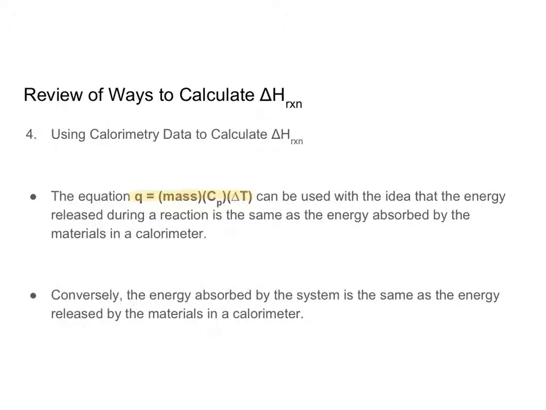And also, energy being absorbed by the system is the same as the energy being released by the materials in the calorimeter. So energy goes out, energy comes back in. It always has to be equal to one another in one way, shape, or form. It has to be kept track of, rather. Questions about that?